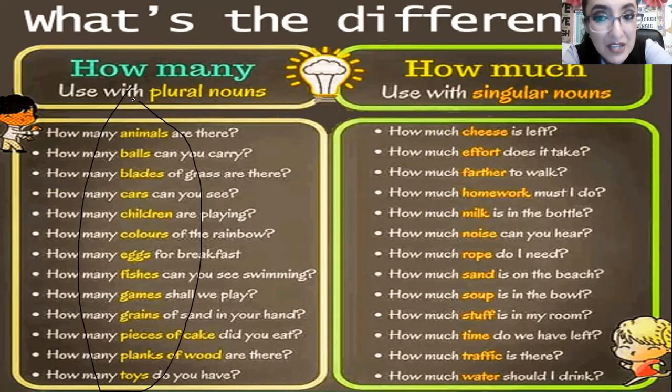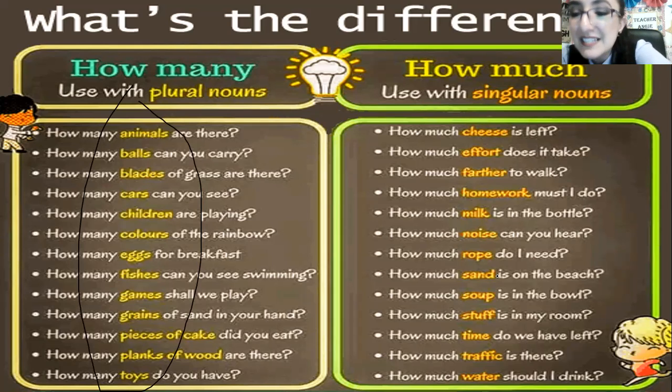And how much for singular nouns that are uncountables? Cheese, effort, furniture, homework, milk, noise, rope, sand, soup, stuff, time, traffic, water. Things that I cannot be counting with my fingers, and things that are going to be cut into small pieces. Distances, some things that are abstract. Here we are with how much.